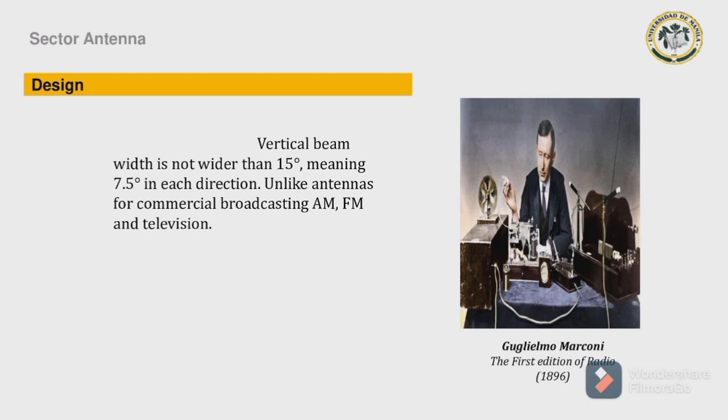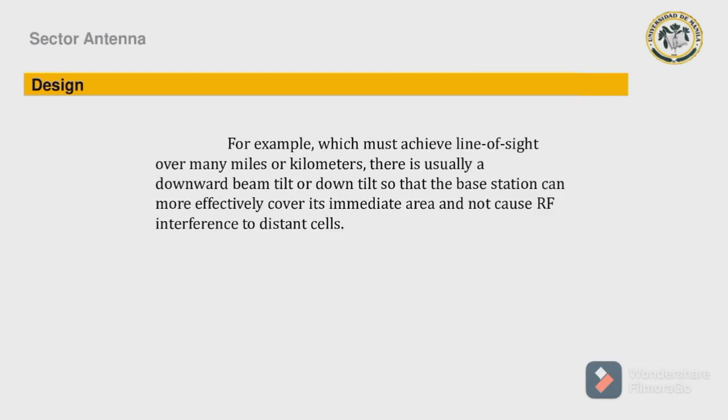Vertical beamwidth is not wider than 50 degrees, meaning 7.5 degrees in each direction, unlike antennas for commercial broadcasting, AM, FM, and television, for example, which must achieve line of sight over many miles or kilometers.